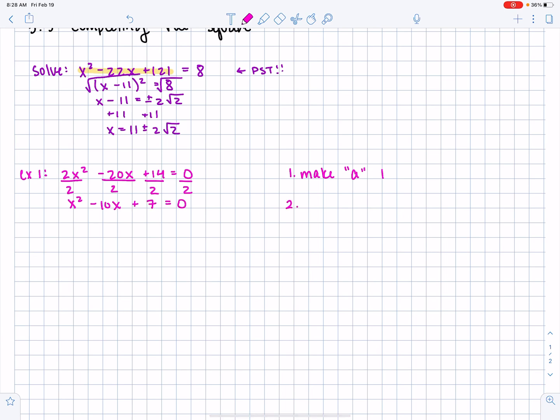Now, your next step is to move your constant, so move c to the other side. So we are going to subtract 7, and I'm going to ask you to leave a space here. So x squared minus 10x, leave a space, is equal to negative 7.